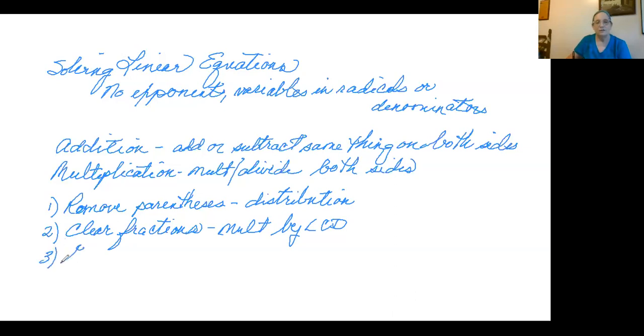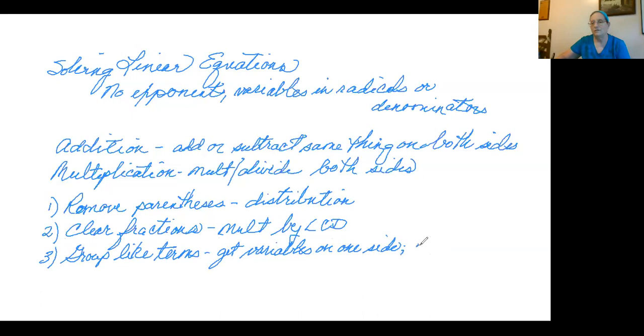So you want to group your like terms by getting your variables on one side and get your constants on the other, all the terms that don't have a variable.